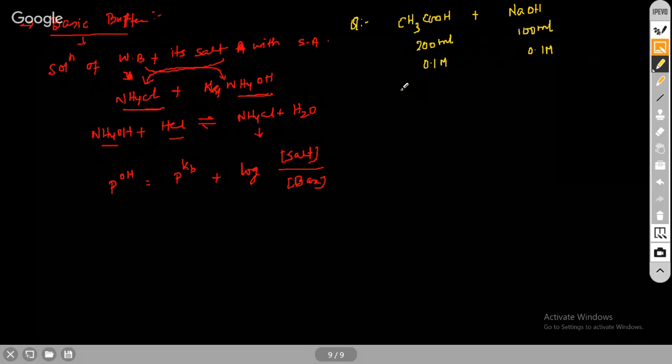You have to find out, first, the pH of the solution. Second, the pH if 50 ml of 0.1 molar HCl is added.